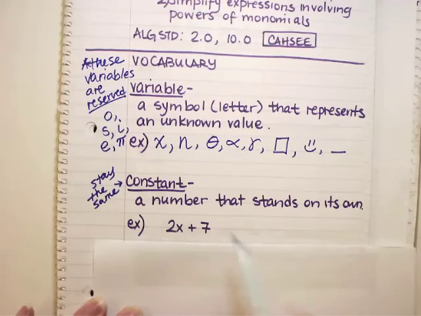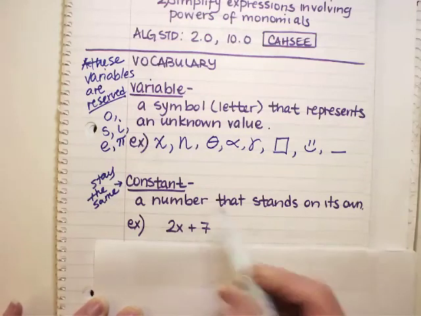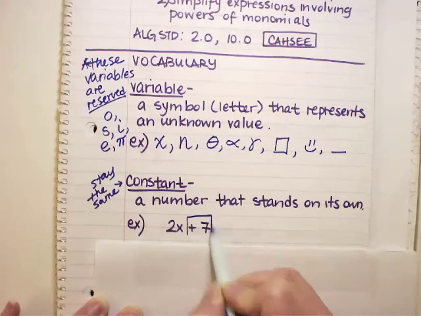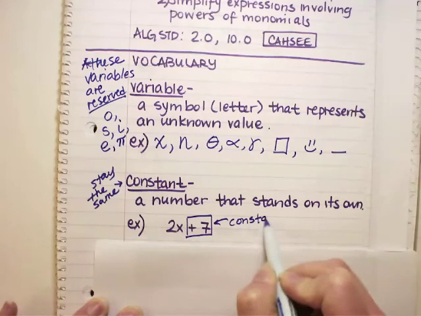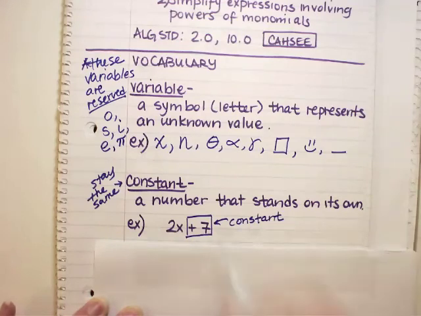There is a number here that stands on its own. Can you find it? How many of you guessed it was the 2? Did anyone guess it was the 7? In fact, the constant in this expression is the plus 7. That is the constant, because it stands on its own, there is no variable in there.